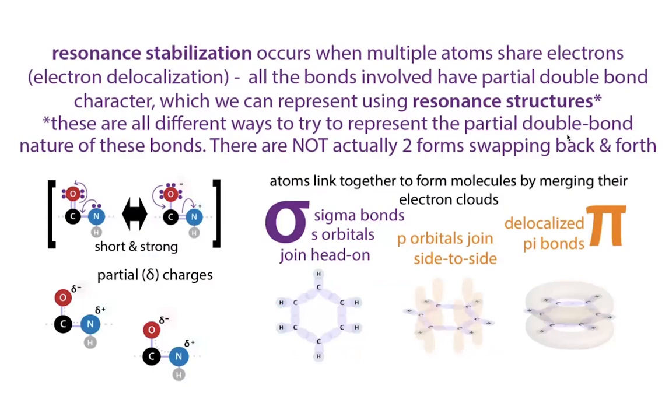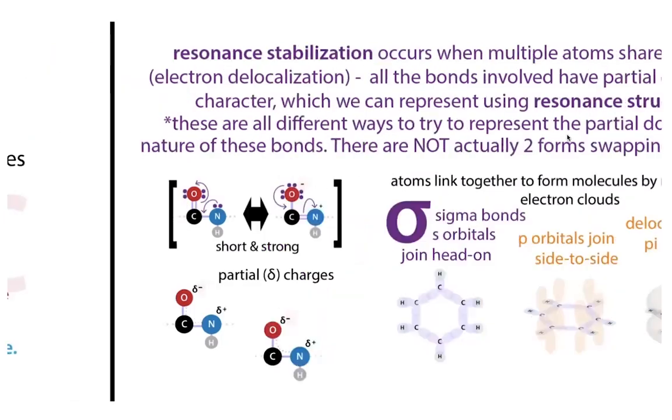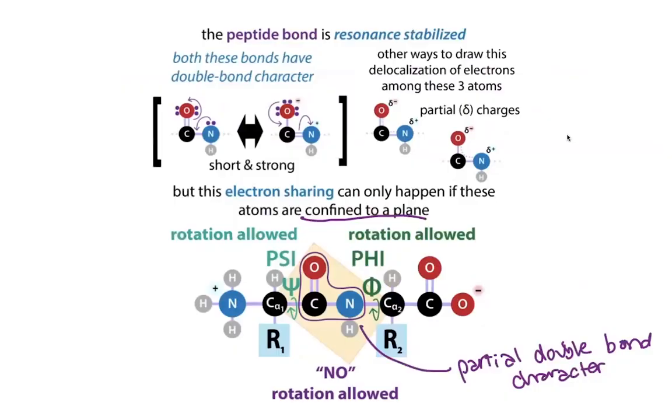So if you were to rotate those single bonds, those p orbitals would get out of alignment, and if they get out of alignment, they can't be joined. So the atoms in that peptide bond have to be planar, and so you have this constricted nature of the peptide backbone.